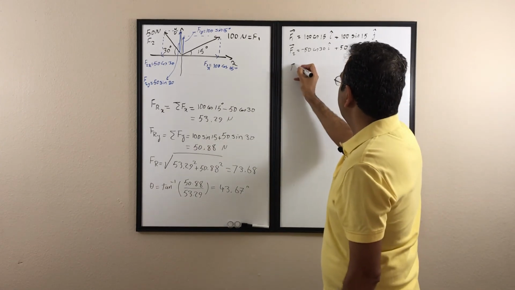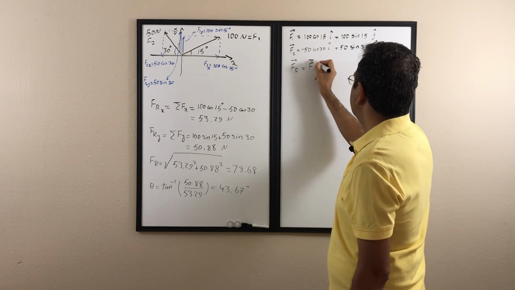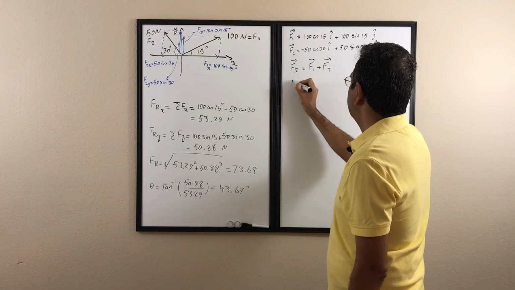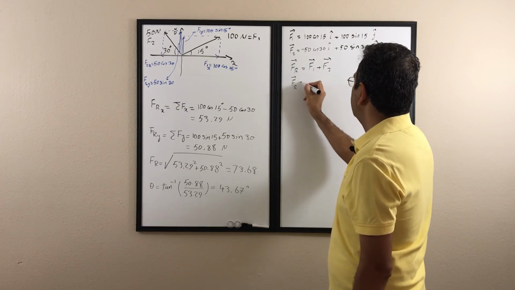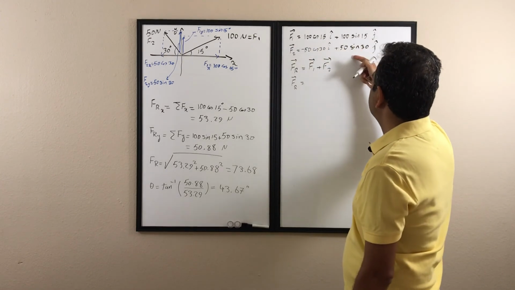Now Fr, we just add them, F1 plus F2, so Fr would be just adding the i components and then the j components.